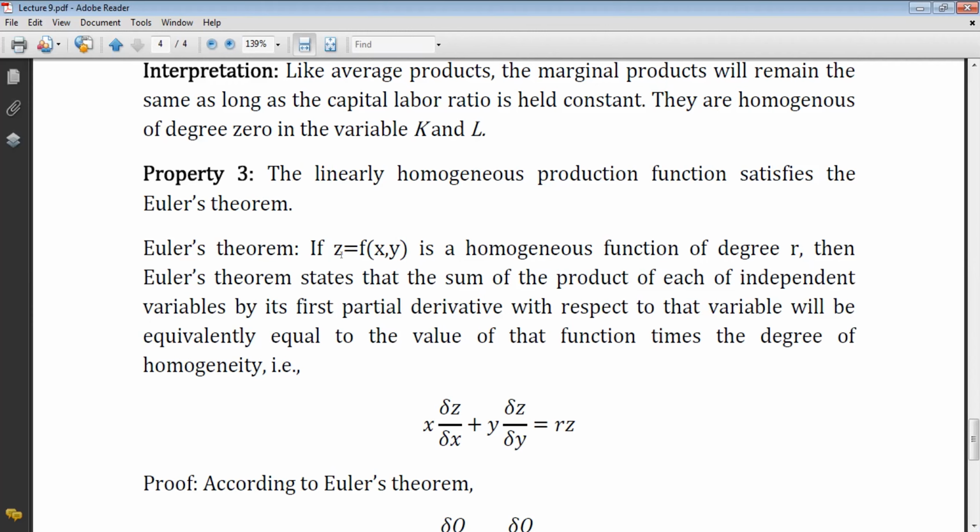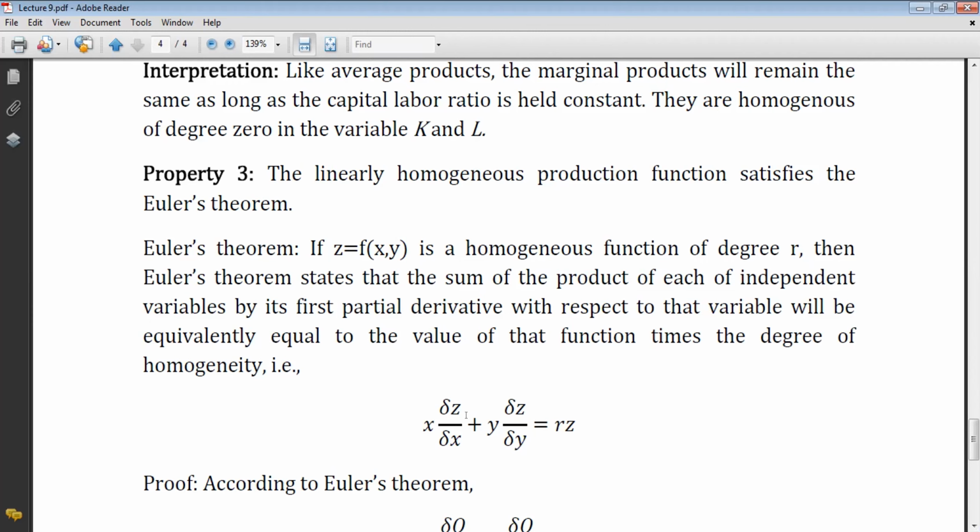Here the independent variables are x and y, okay. So the product of each independent variable by its first partial derivative: x into the first partial derivative with respect to x, which is del z divided by del x, plus the other independent variable y into the first partial derivative of z with respect to y, which is del z divided by del y.